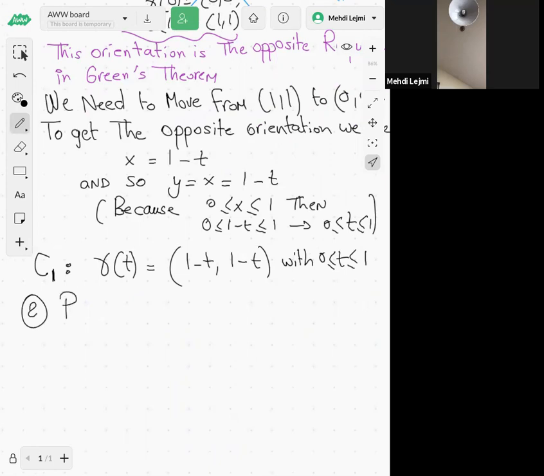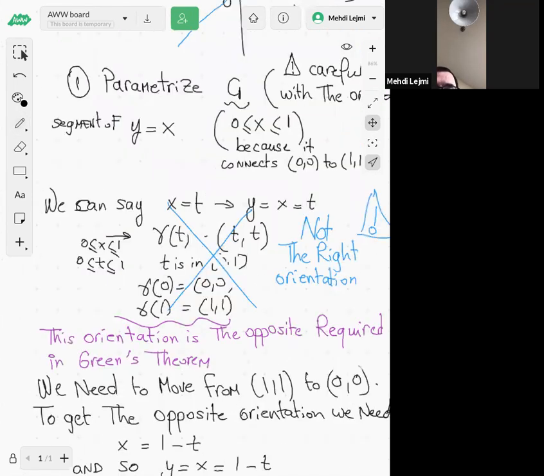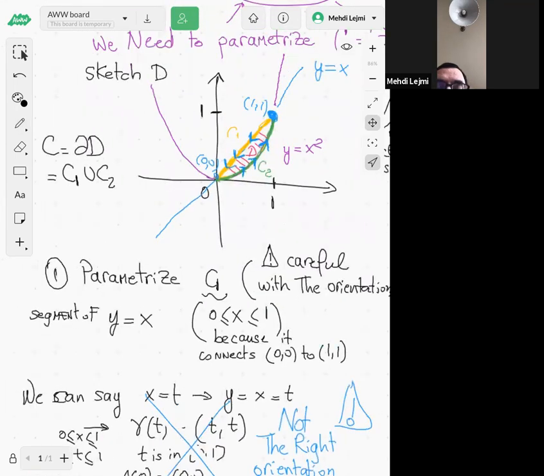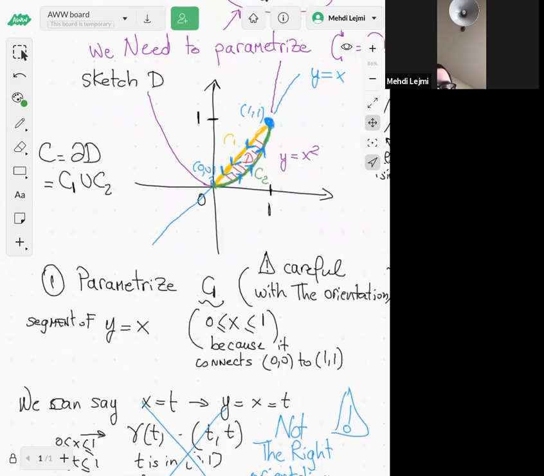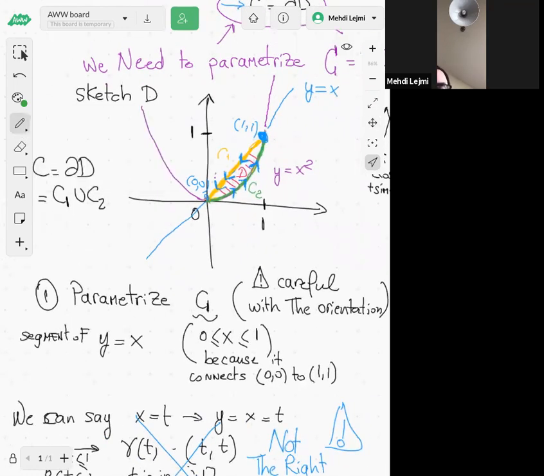So what's C2? C2 is on the parabola y equals x squared. So here's my C2, this portion of the parabola y equals x squared.